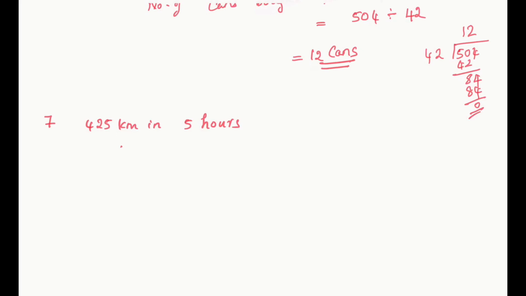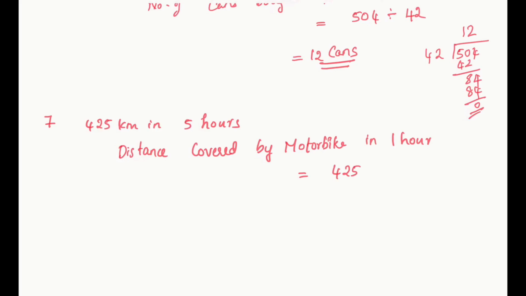Distance covered by the motorbike in 1 hour. Whenever you need to find for unit or one, you need to divide. So that is 425 divided by 5.